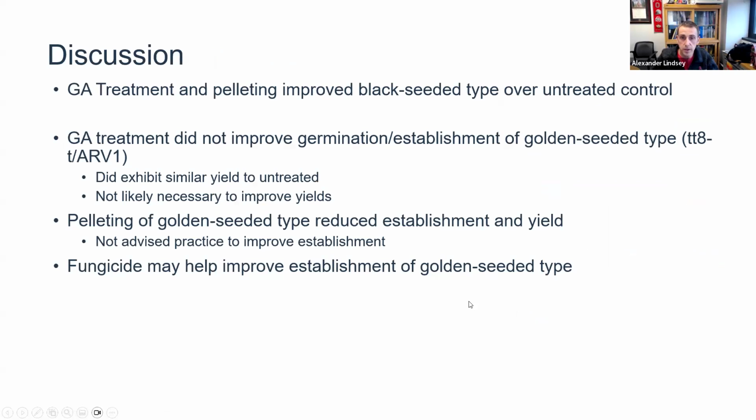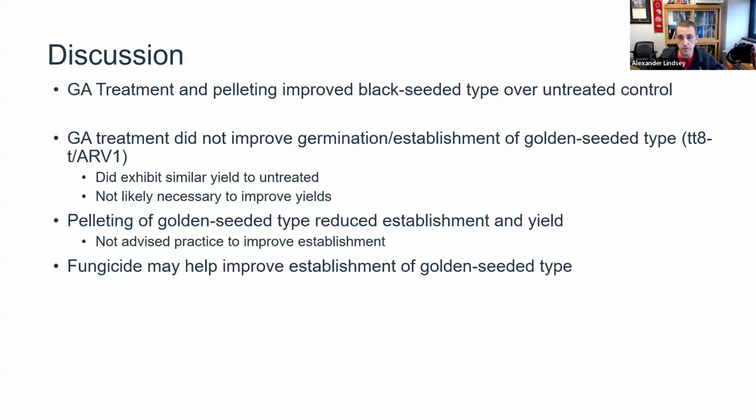So in general, GA treatment and pelleting did improve black seeded establishment and germination in the field. GA treatment did not improve establishment of the golden seeded type, but it did exhibit similar yield to untreateds, and it's not necessarily needed to improve establishment and yield in field environments.